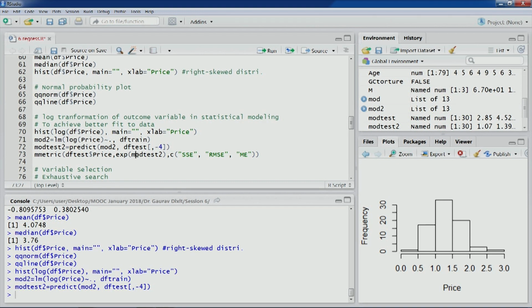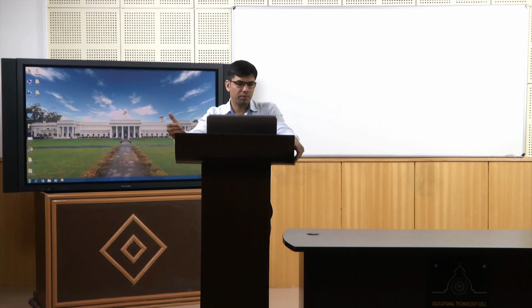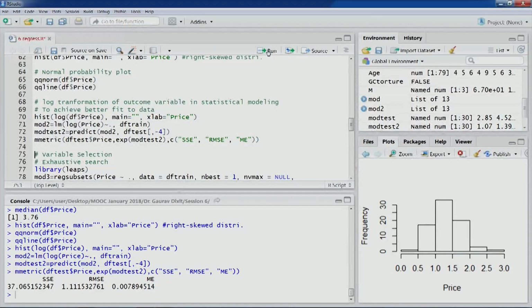Then these values can be used to compute the metrics, because the idea is to compare the performance of this transformed model with respect to the previous model, and that too on the test partition. So let's compute these values, and you can see the numbers.